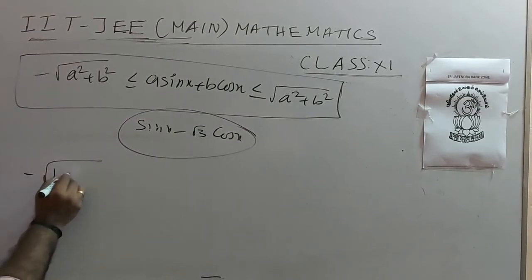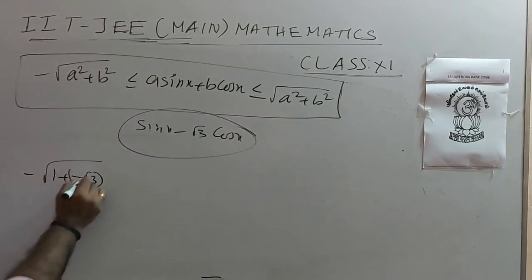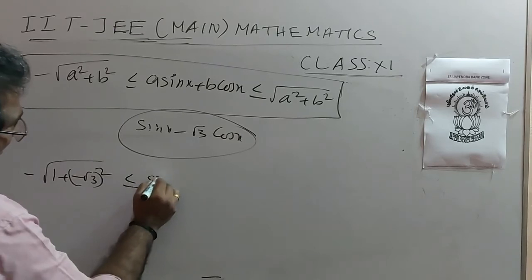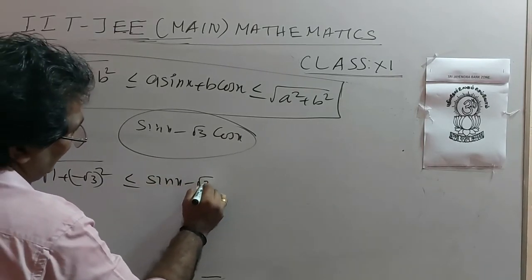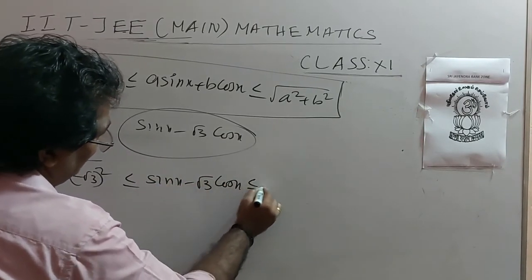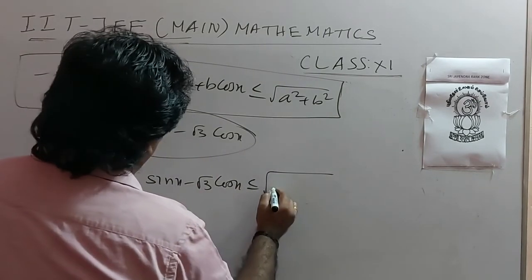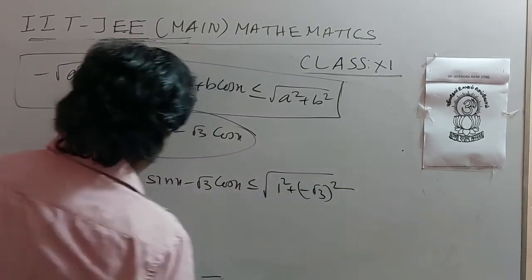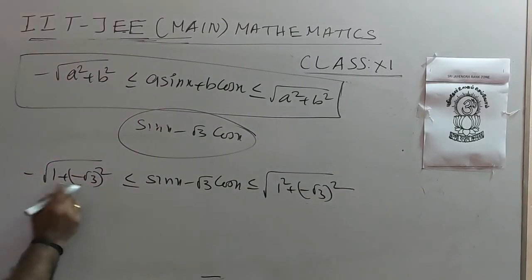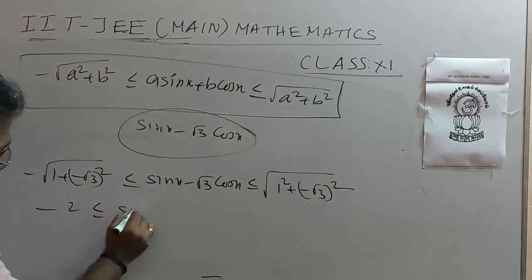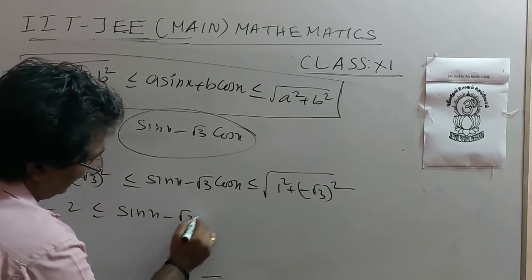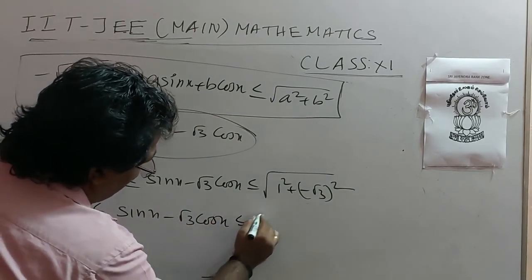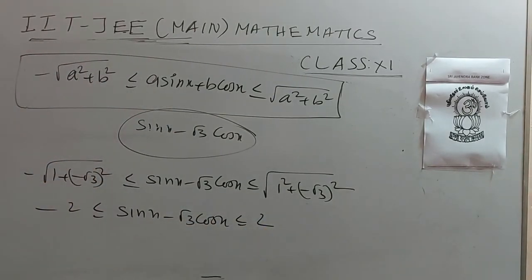Minus of root of 1 plus minus root 3 whole squared less than or equal to sin x minus root 3 cos x less than or equal to root of 1 squared plus minus root 3 the whole squared. So minus 2 less than or equal to sin x minus root 3 cos x less than or equal to plus 2.